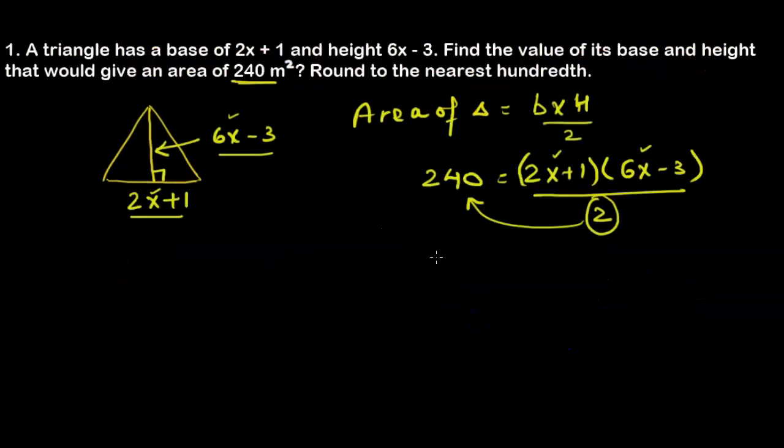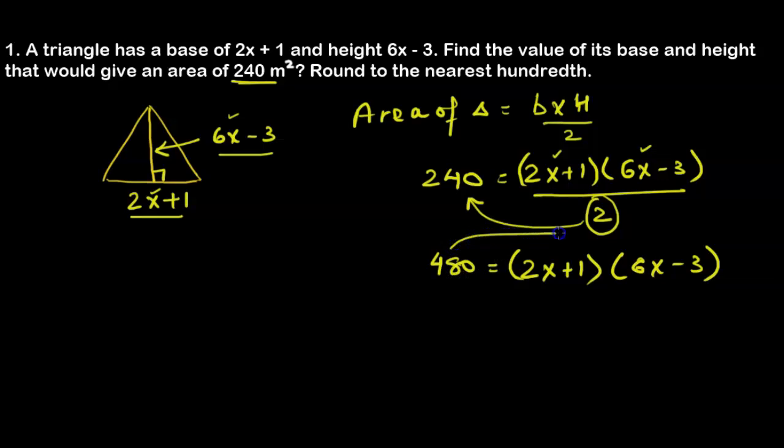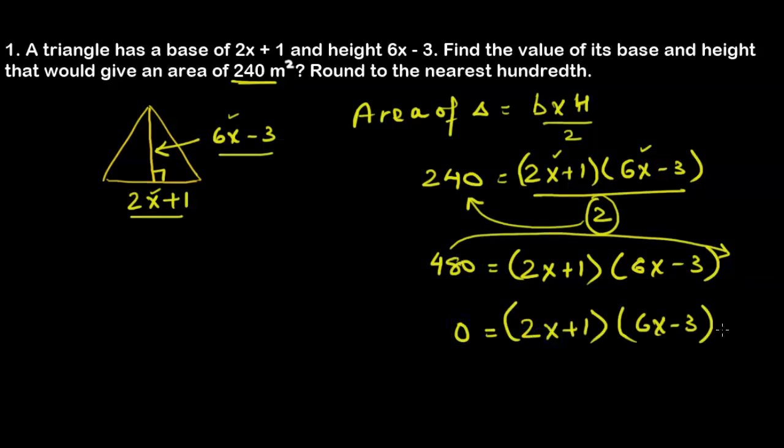So 240 times 2 gives us 480 equal to 2x plus 1 times 6x minus 3. We cannot solve for x until this is 0. So we need to move this over to this side so that here we are left with nothing. Nothing means a 0. When this moves to the other side, it becomes minus 480.